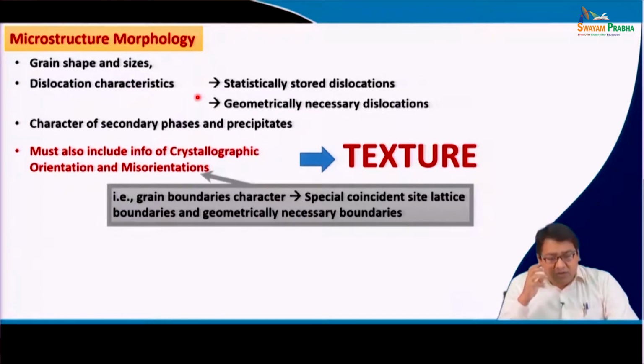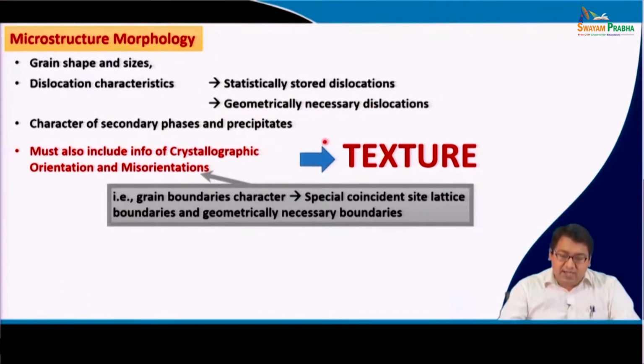Now, however, in classical metallurgy, you only considered these aspects, but we forgot to take into account the texture. Microstructural morphology and its characterization must also include information of crystallographic orientation and misorientation, which is basically texture.